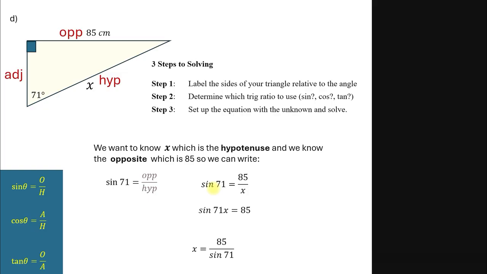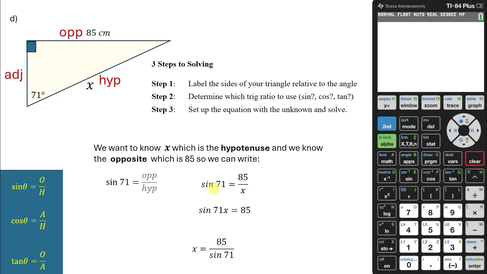Bring our calculator into play. We need to calculate x equals 85 divided by sine 71. 85 divided by sine 71. Enter. Gives us 89.89, rounding to 89.9.